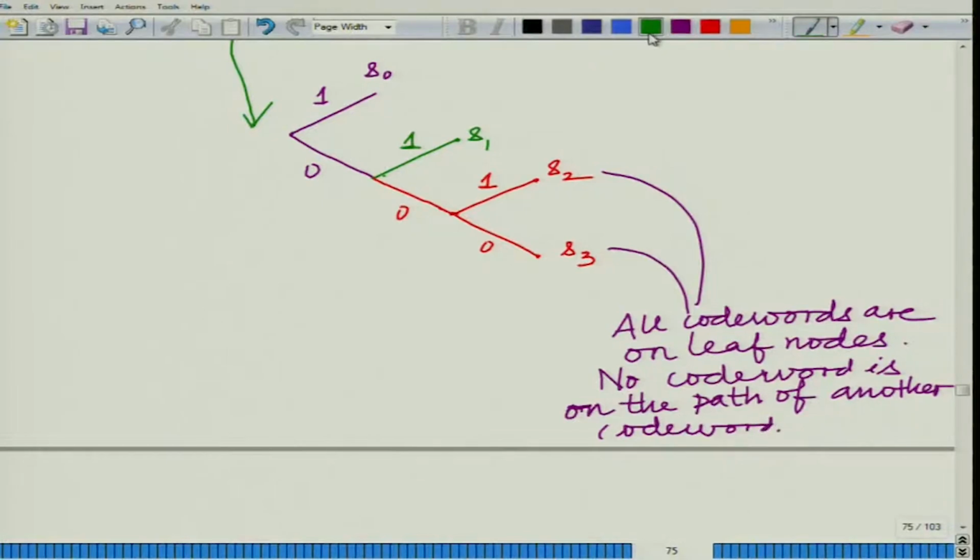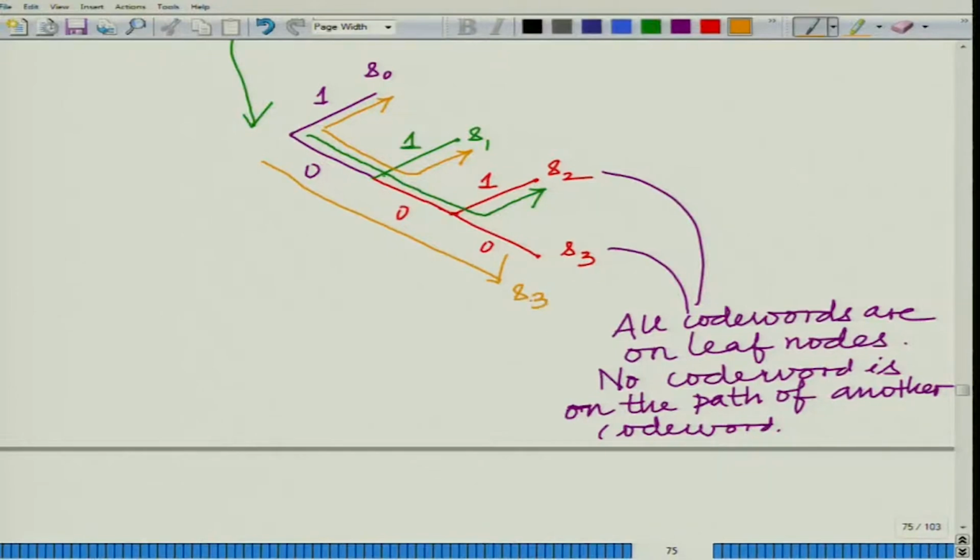another. For instance, if you would like to go to S2, let me just draw it. This is the path to S2. This is the path to S1, path to S0, path to S3.